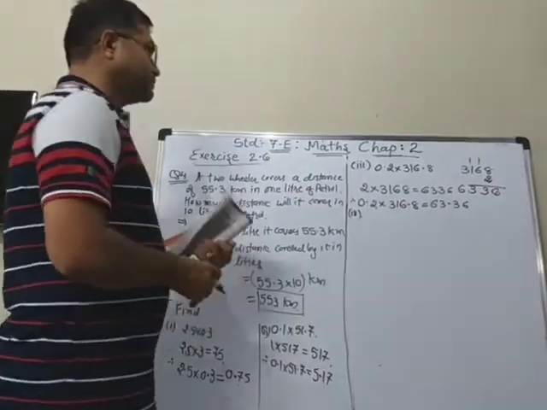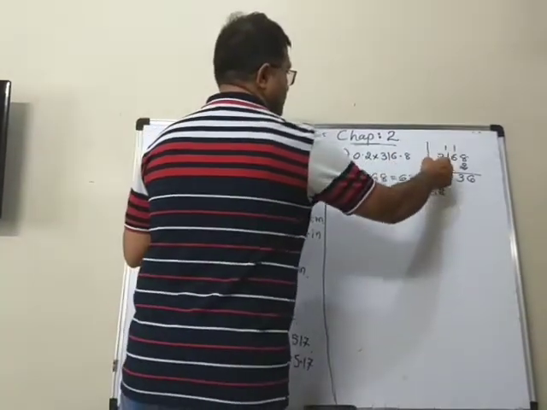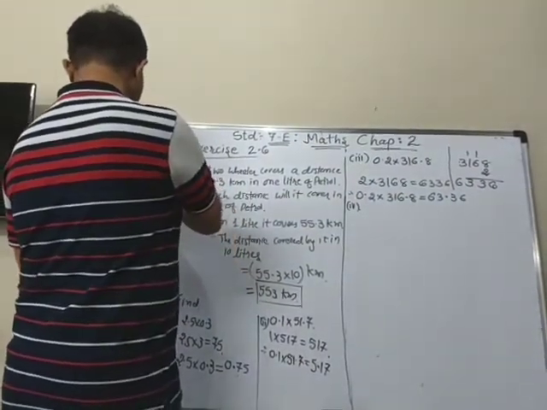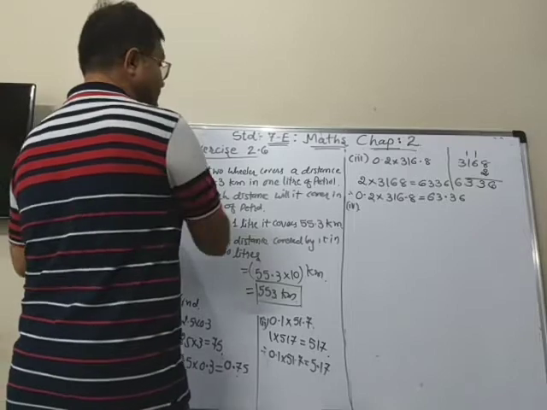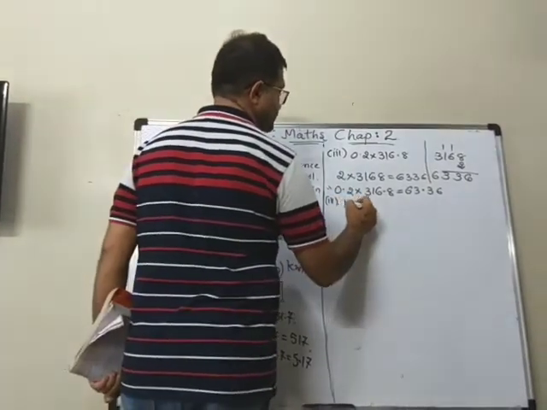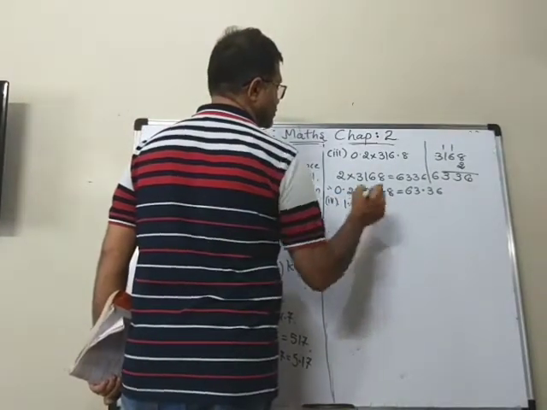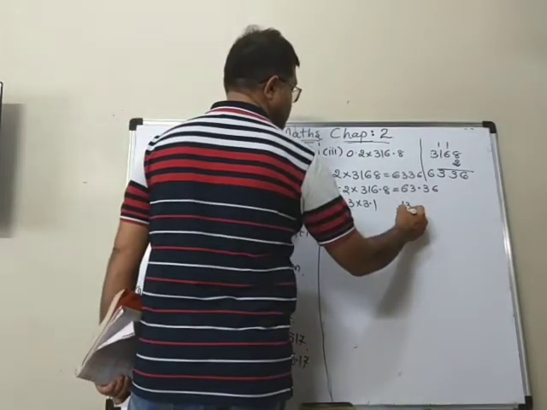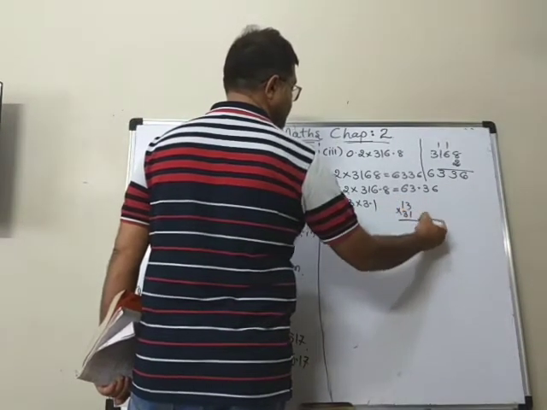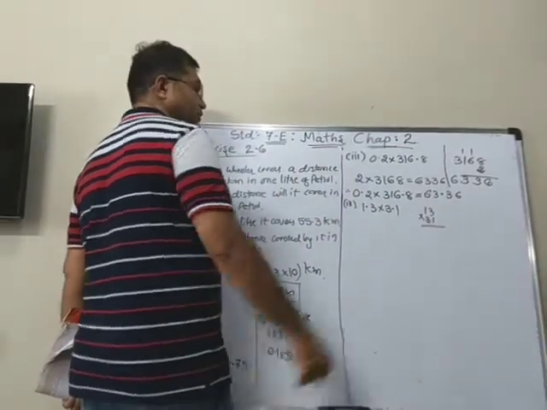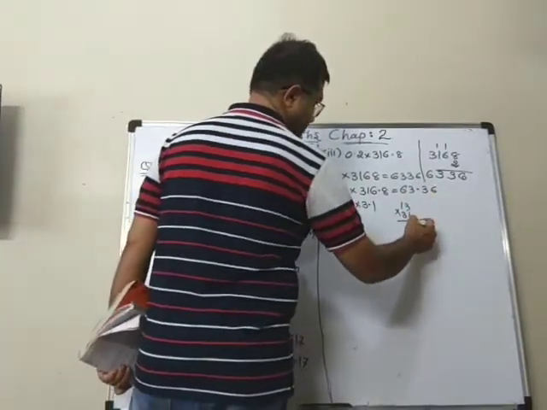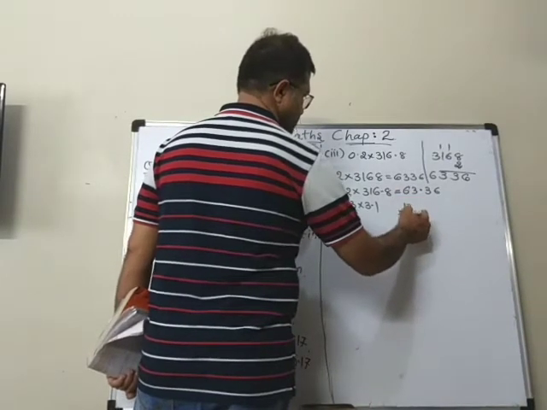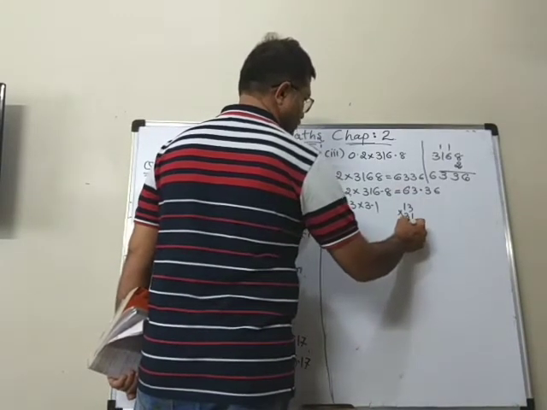Now the fourth one. Fourth one is 1.3 multiplied by 3.1. Means we have to multiply 13 and 31. You can do it directly also. 3 ones are 3, 3 threes are 9 plus 1, 10, 3 ones are 3 plus 1, 4.